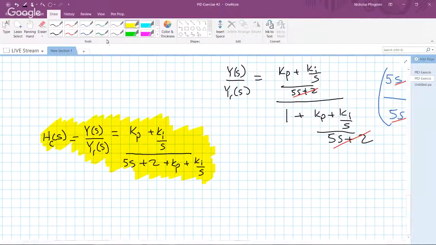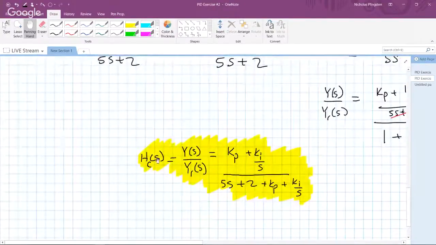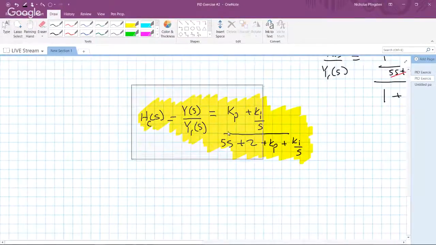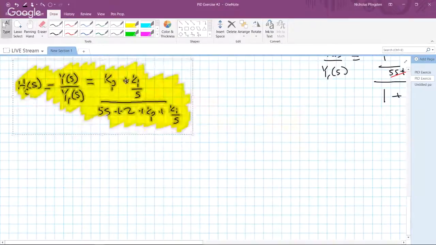All right. So now we need to modify this expression further and put the denominator into standard form so we can use it to find the values that we're looking for in this problem.